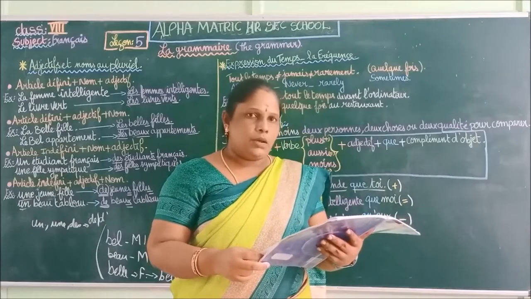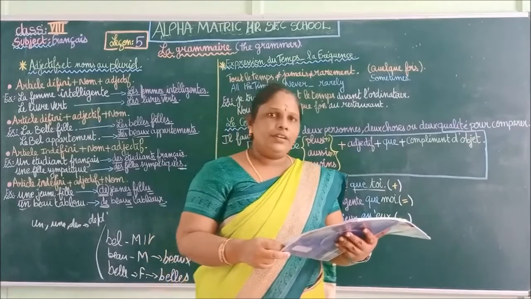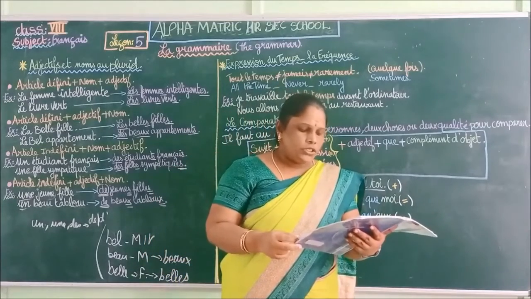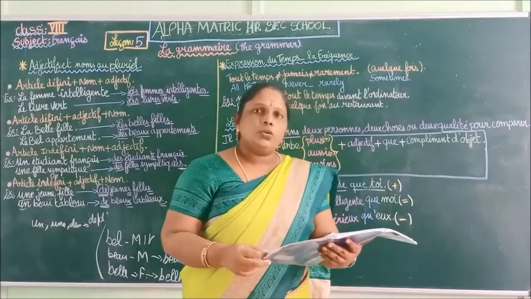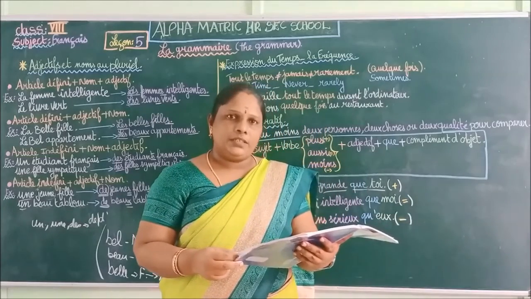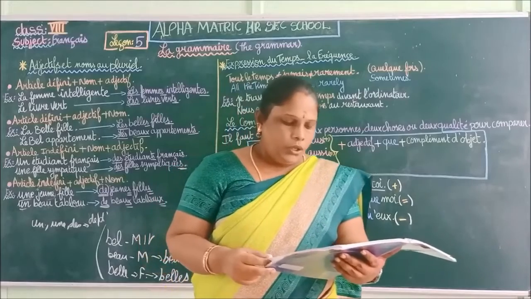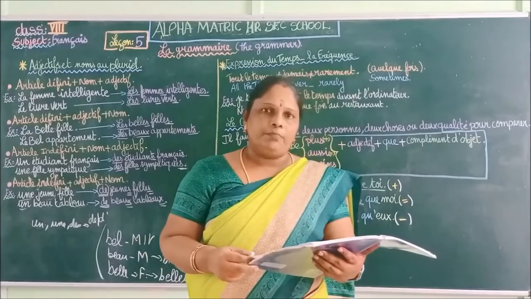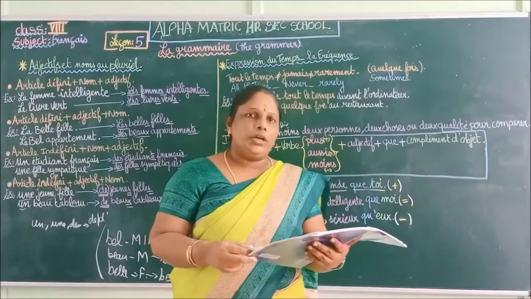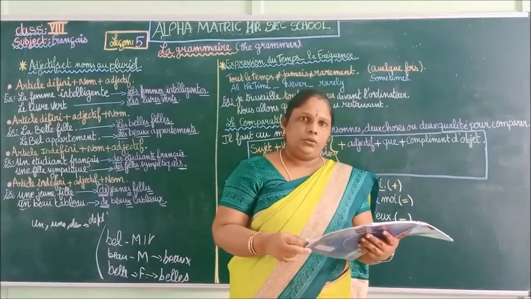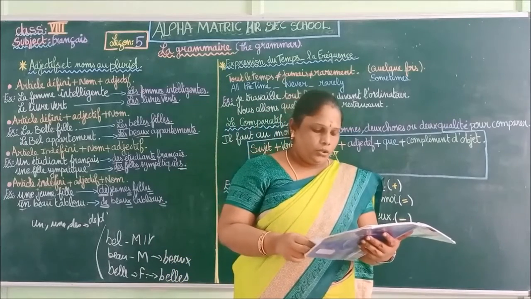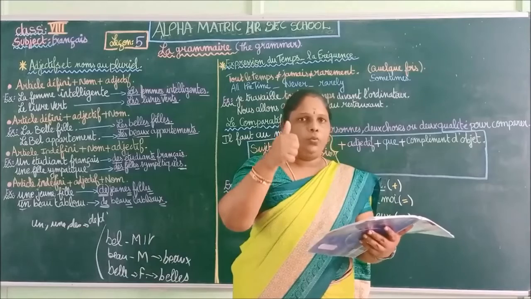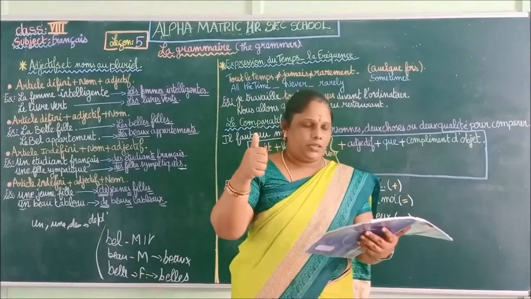So exercise number 1, you have 10 exercise. Choose the right preposition. So we saw the preposition of places, isn't it? So you are going to choose the right preposition and round the right preposition. Okay, so for example, I am going to tell you one example for each exercise.